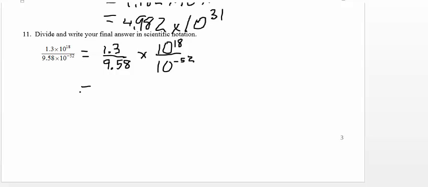When we use our calculator and divide 1.3 by 9.58, we get 0.13569.